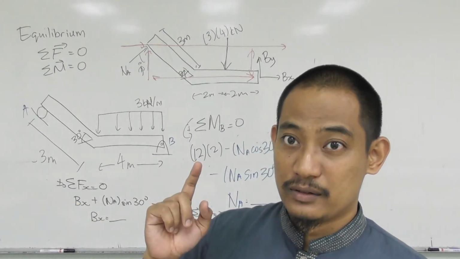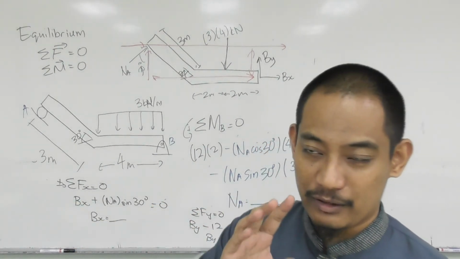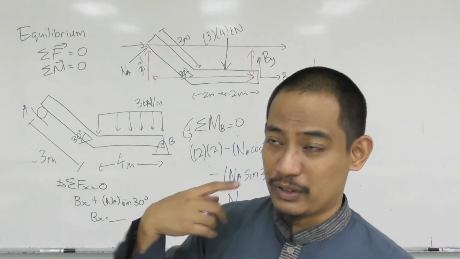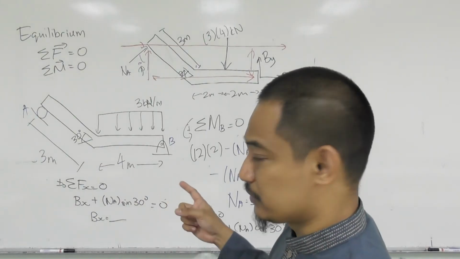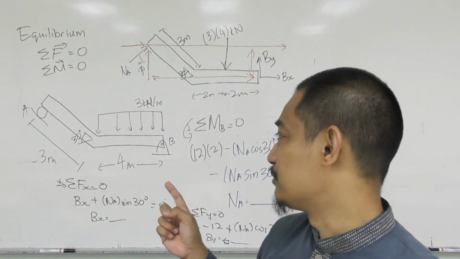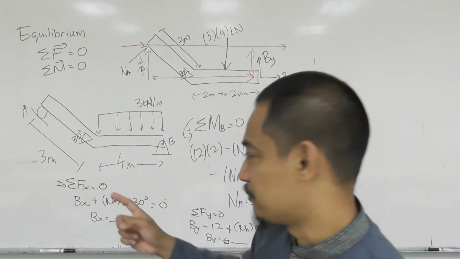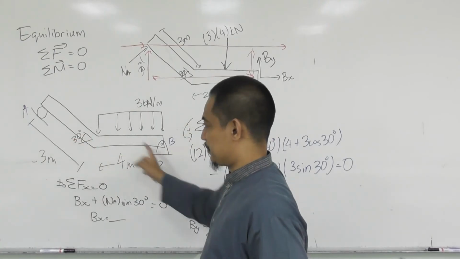Yeah, again, I forgot to mention, in the previous lecture we have covered different types of support reaction. So here we do not cover that many different types of support reaction. We only cover, for example, this is pin, and this is pin, this is roller.